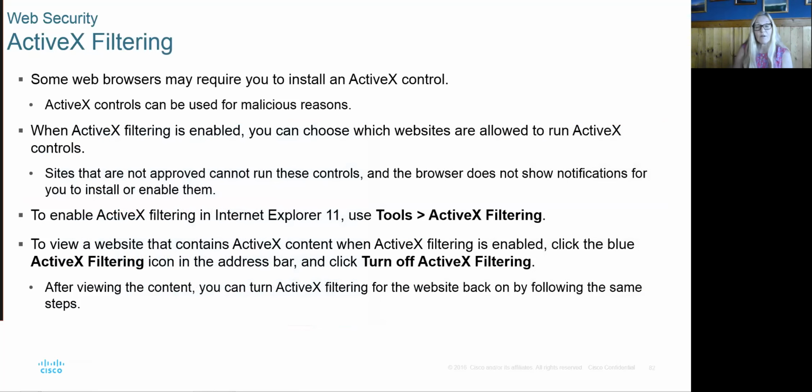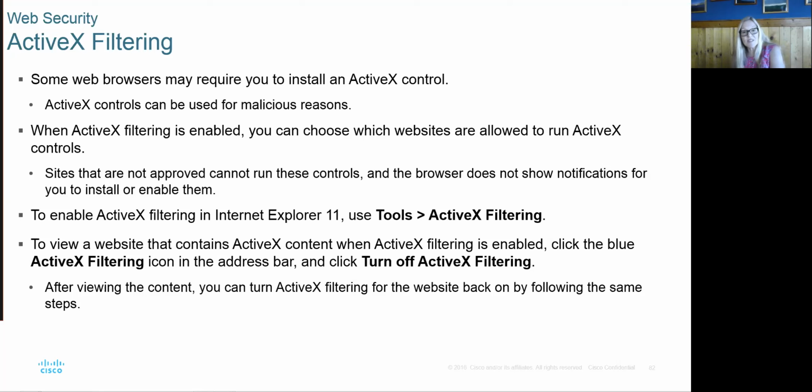ActiveX filtering. ActiveX controls are small apps that allow websites to provide content like videos and games. They let you interact with content like toolbars and stock tickers when you browse the web, but these apps can sometimes malfunction or give you content that you don't want. In some cases, they might be used to collect information from your PC, damage info on your PC, install software on your PC without your agreement, or let someone else control your PC remotely.